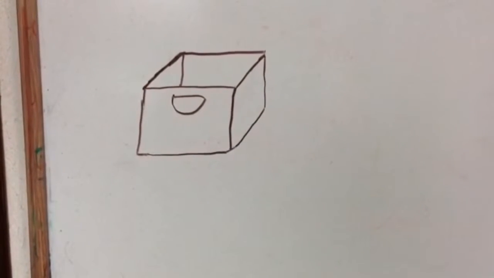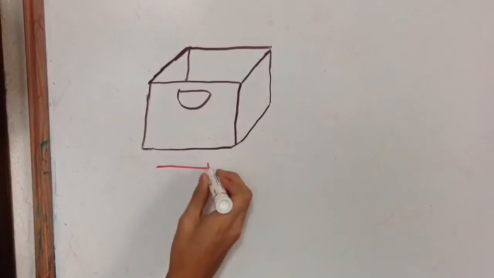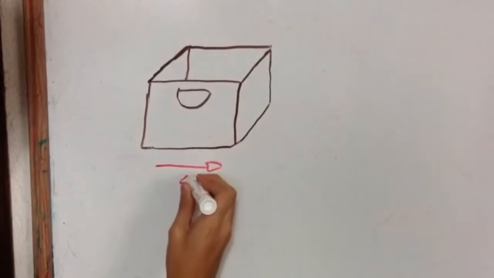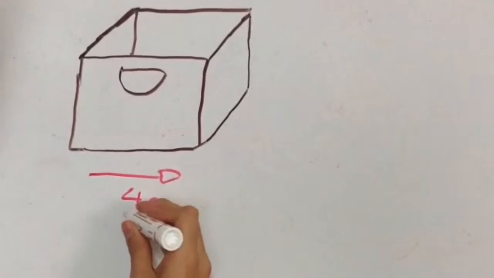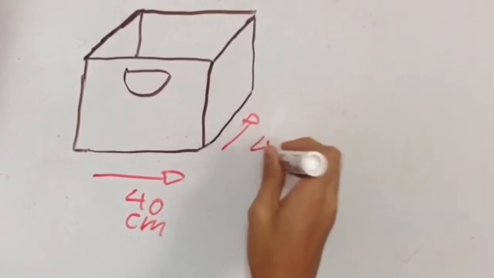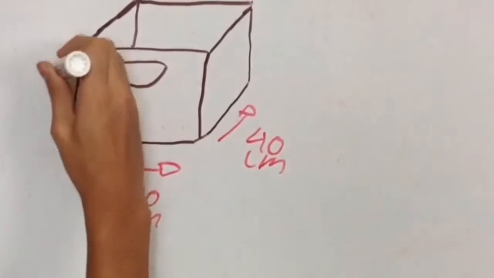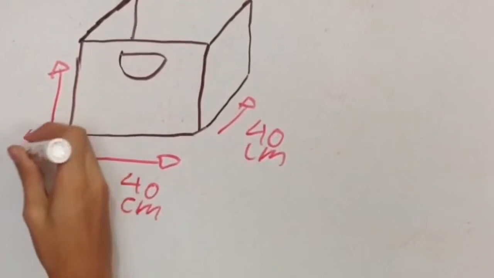Another example, in case you have a move coming up, is to calculate the volume of a box that's 40 centimeters in width, 40 centimeters in length, and 40 centimeters in height.